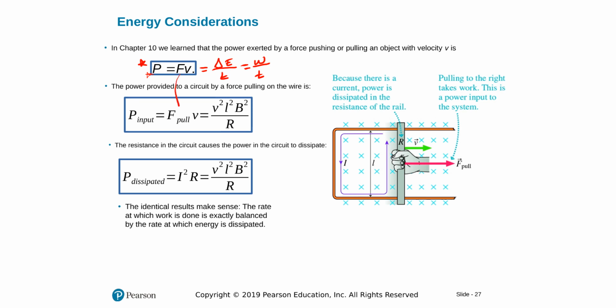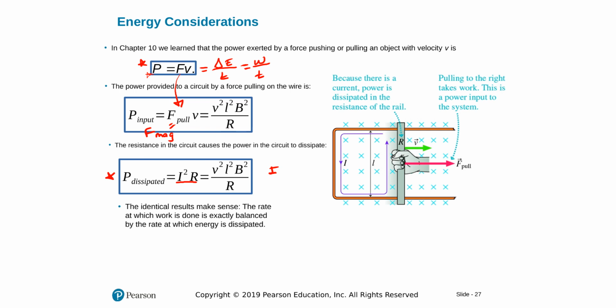If my F is equal to F pull, I can say F pull times V. Remember, F pull, if my object and my wire are moving with a constant speed, is equal to F magnetic. So these are all different ideas we can see around. Remembering that power dissipated can also be calculated using I squared R. We talked about powers in circuits, so we can also use this.